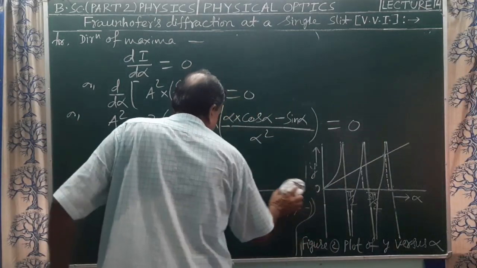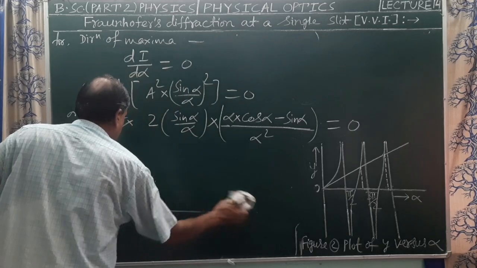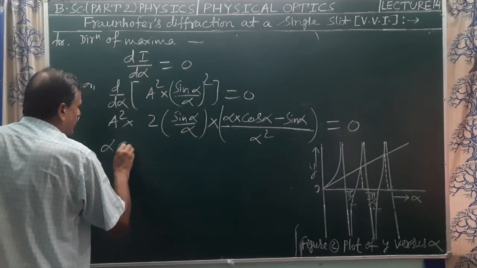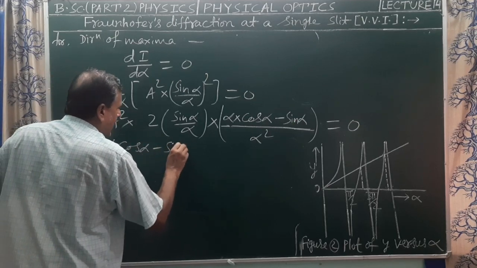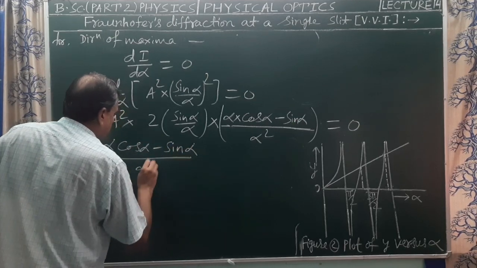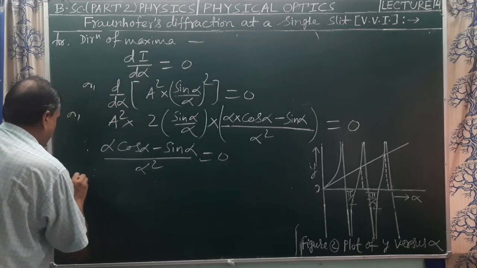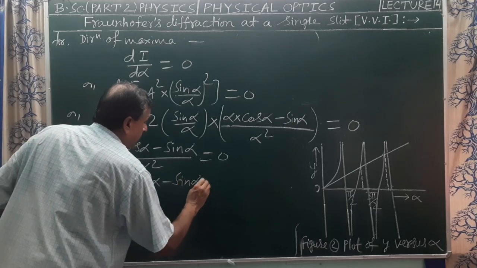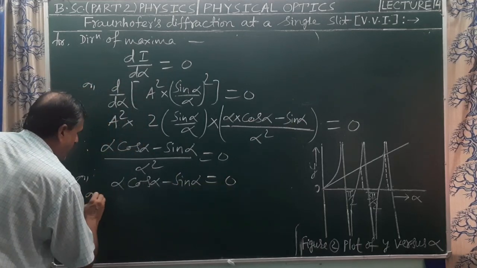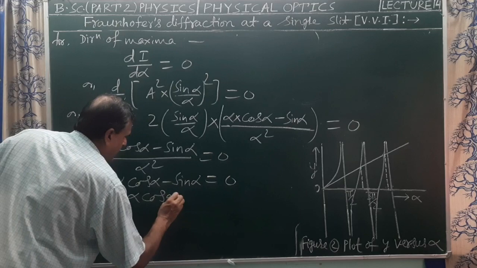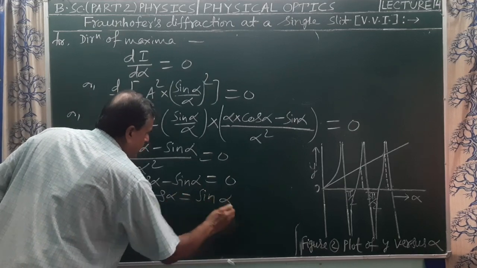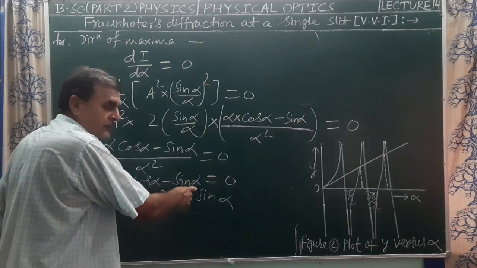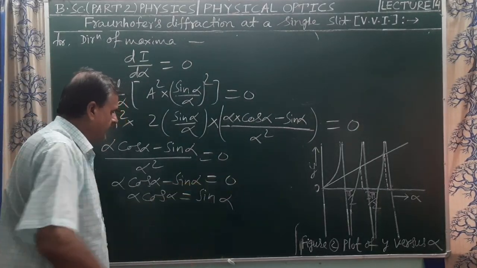So we have alpha cos alpha minus sin alpha upon alpha squared equals 0, or alpha cos alpha minus sin alpha equals 0, or alpha cos alpha equals sin alpha. Taking sin alpha to the RHS, it is minus sin alpha on the LHS, so on the RHS it will be sin alpha.